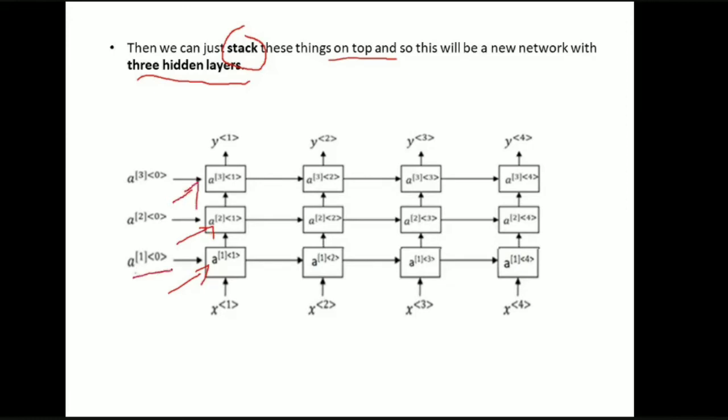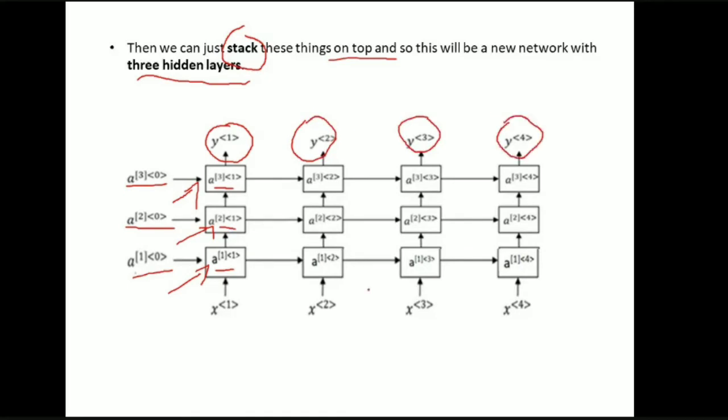This is A10, A20, A30, that is activation at layer 1 at time 0, and activation at layer 3 at time 0. Now this is activation at layer 1 at time 1, activation at layer 2 at time 1, activation at layer 3 at time 1. We got the output at time 1. This is output at time 2, at time 3, and at time 4.